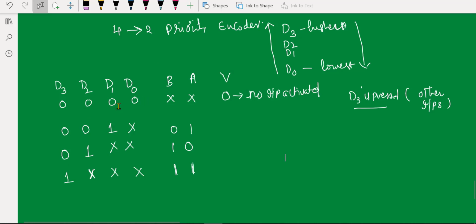Similarly, if D0 is pressed, in this case it is going to produce both the zeros. This is how you define the priority.